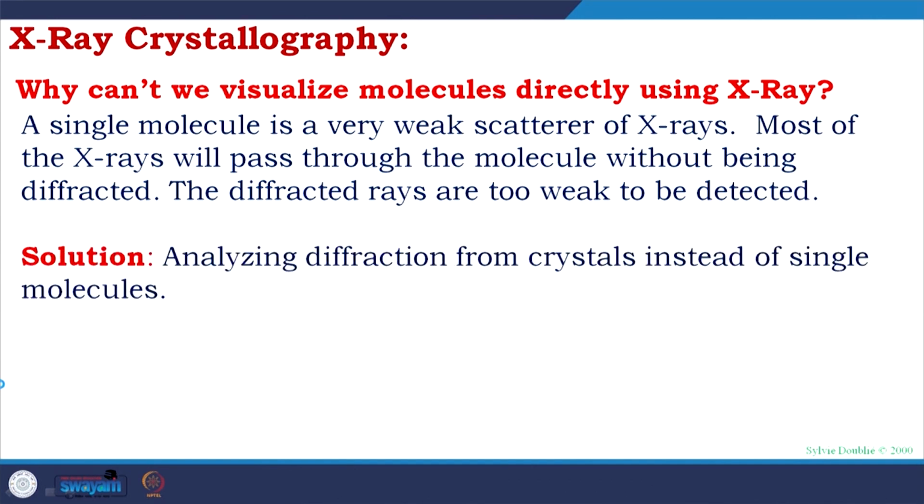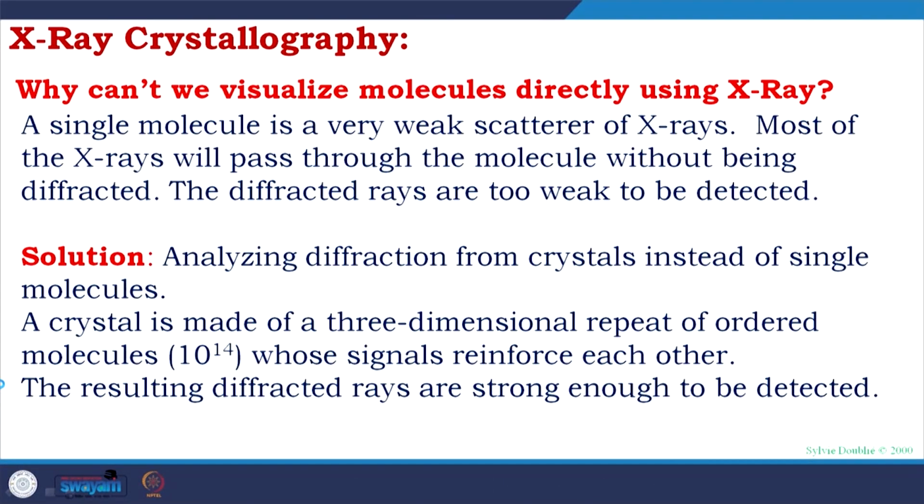Is there any solution? Analyzing diffractions from a crystal instead of a single molecule. That is the reason we are going from a single molecule of protein to a crystal. We need a crystal because a crystal has a lot of molecules. A crystal is made of a three-dimensional repeat of ordered molecules, 10 to the power 14 approximately, whose signals reinforce each other.